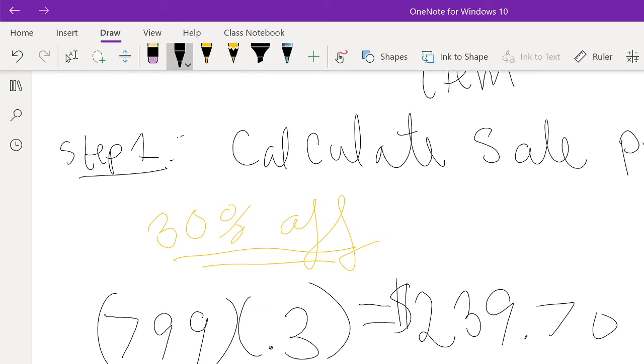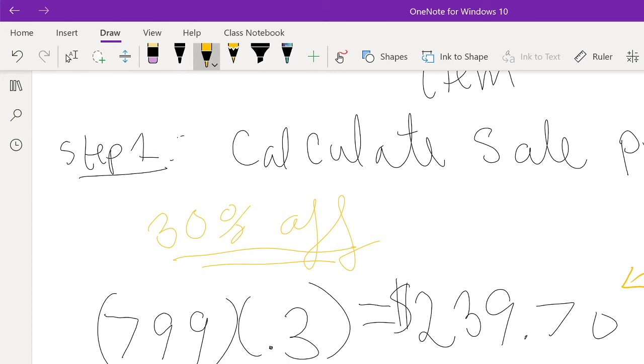What number does this represent? Always make sure that you know what it is you're actually calculating. So this number is actually the amount of the discount. Because that's 30%. If it's 30% off, that's how much of a discount you're going to get. So a pretty good discount.